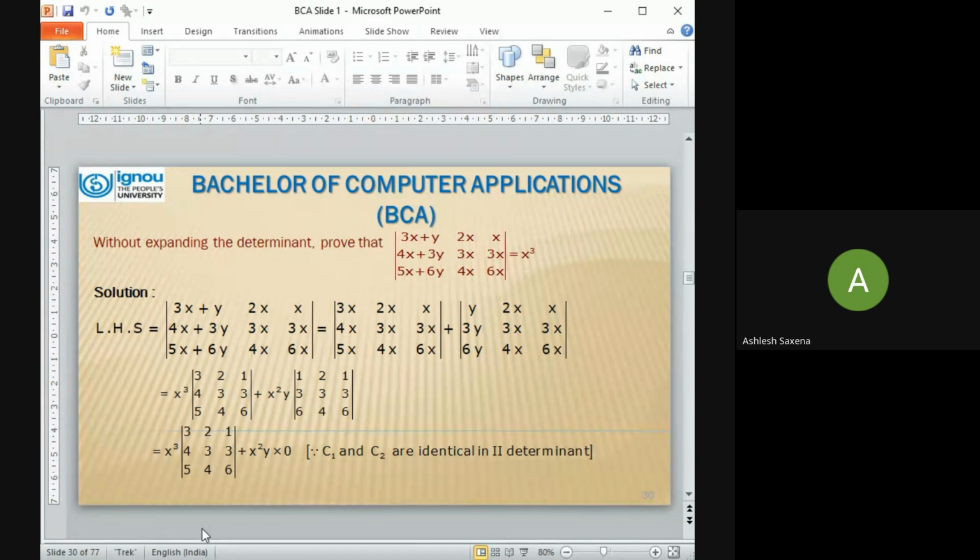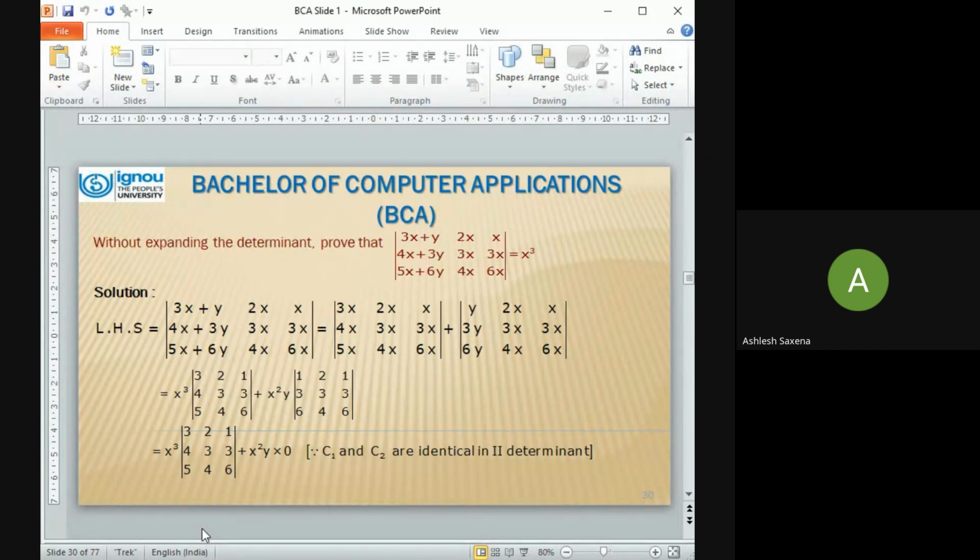What I will be doing, I will be splitting this into two matrices. 3x plus y has been broken down as 3x and y in the other one, 4x and 3y in the other one, 5x and 6y in the other one. Rest all the elements will remain the same.